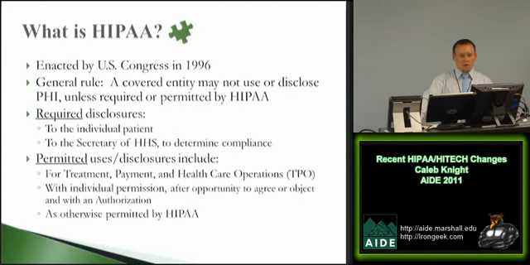That's an exception we're going to talk about a little bit. Basically, anything that falls into those categories is a permitted disclosure under HIPAA. And of course, if a patient authorizes the disclosure of their medical information, then that also waives the HIPAA protections.